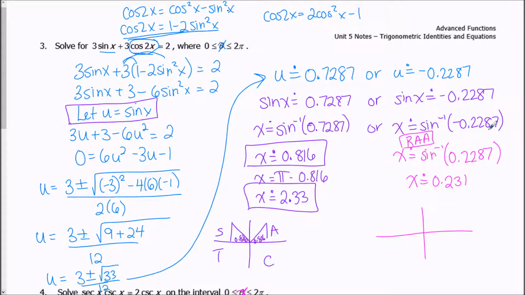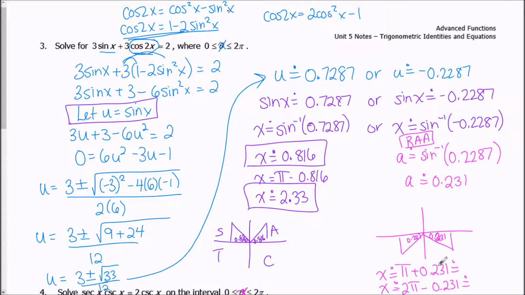This time sine is negative, so it needs to be in the third and the fourth quadrants. So my related acute angle is 0.231 in both quadrants. To find the actual values of x, let's use a different variable so we don't get them confused. I'll use a for related acute angle. So x is going to equal pi plus 0.231, and x is going to equal 2 pi minus 0.231.